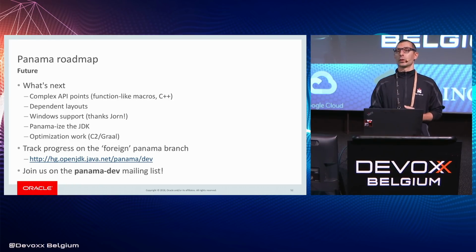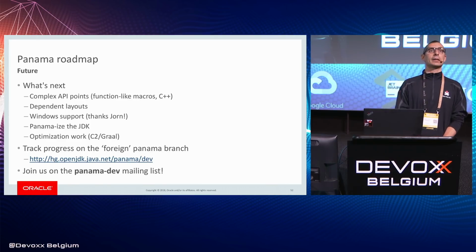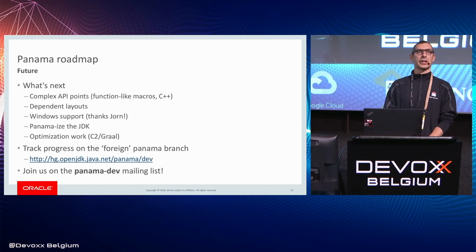We have to work more on supporting Windows, and we are making big progress on that, thanks also to the help from the community. And we need to start using our own medicine and use Panama within the JDK.